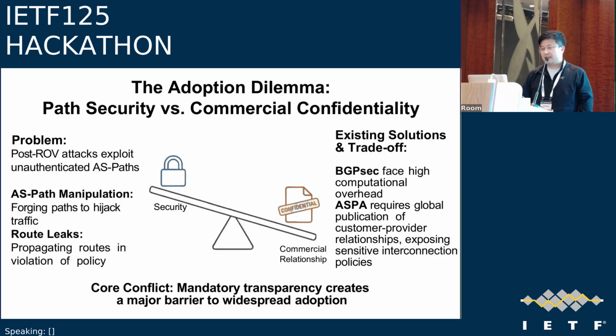But BGPsec faces high computational overhead, and the benefit is quite limited under partial deployment. ASPA can prevent route leaks, but it requires global publication of customer-provider relationships, exposing sensitive interconnection policies.